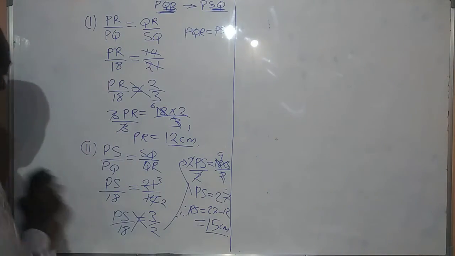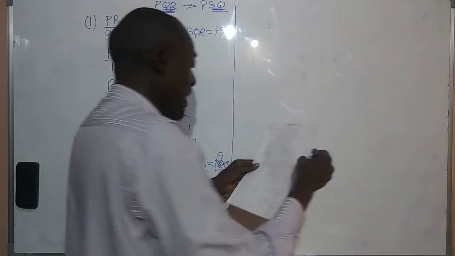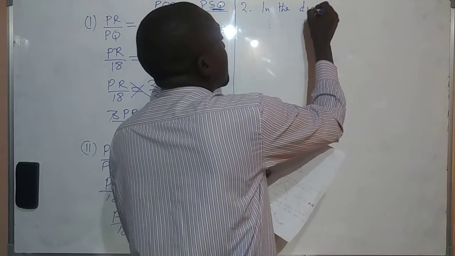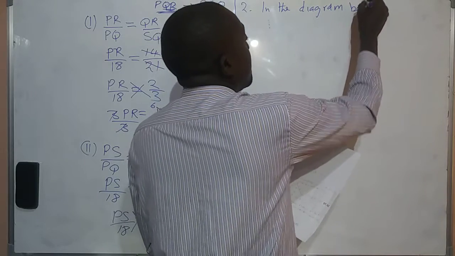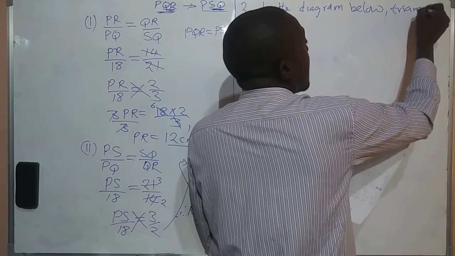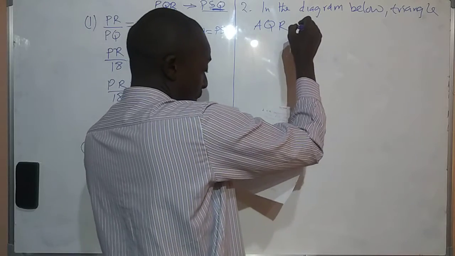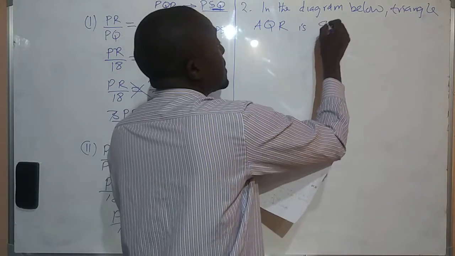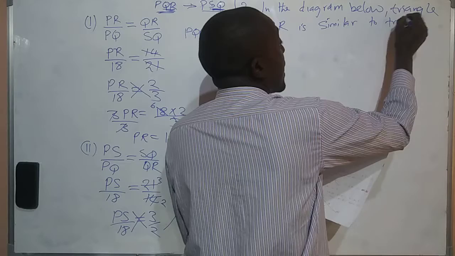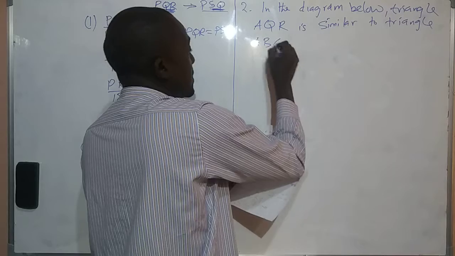So here is our question number 2. It says, in the diagram below, triangle AQR is similar to triangle ABC.